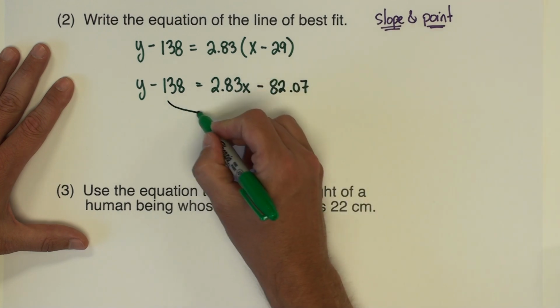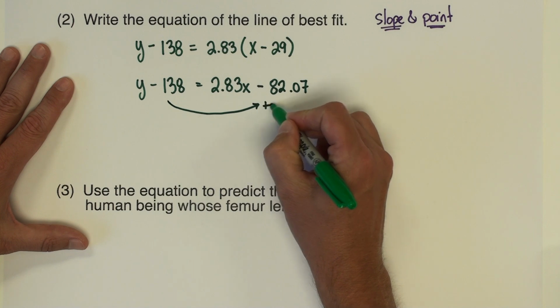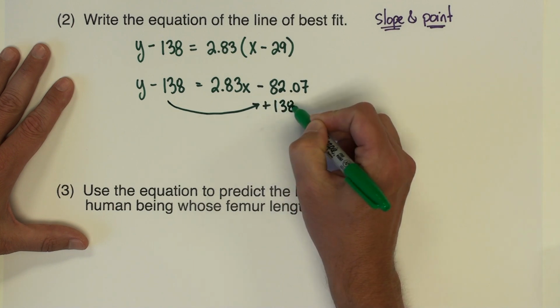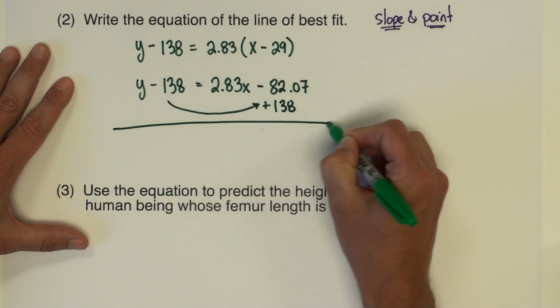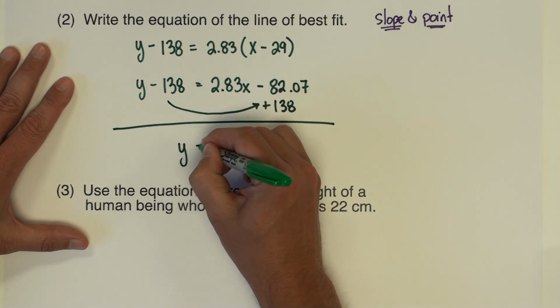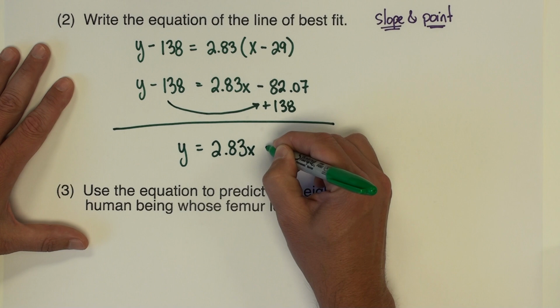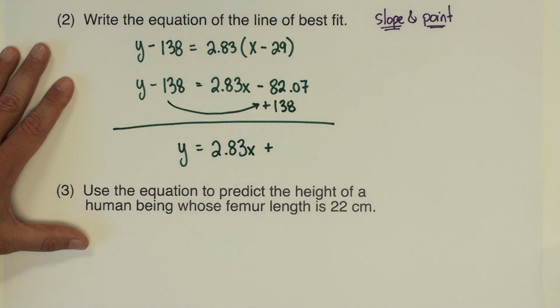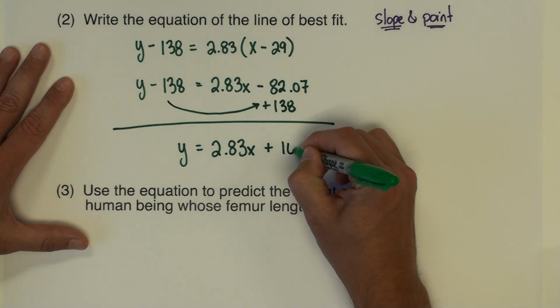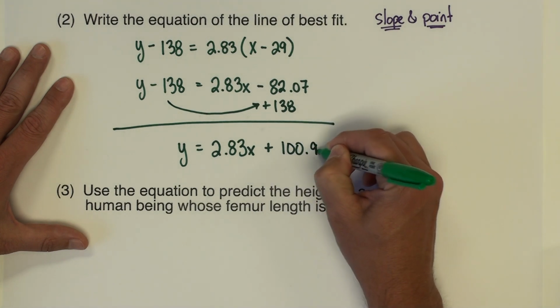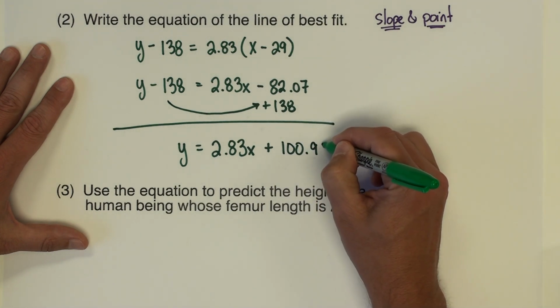I'm going to add this 138. So we get an equation of y equals 2.83x plus, let's do the math here on the calculator, 183 minus 82.07 is 100.93.